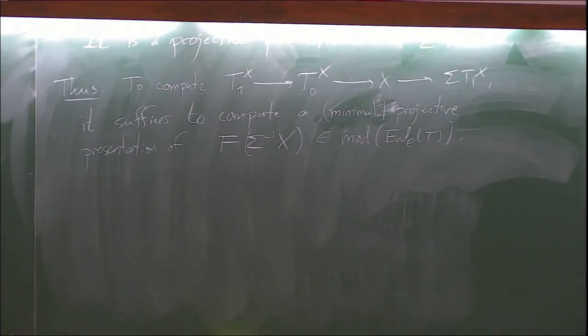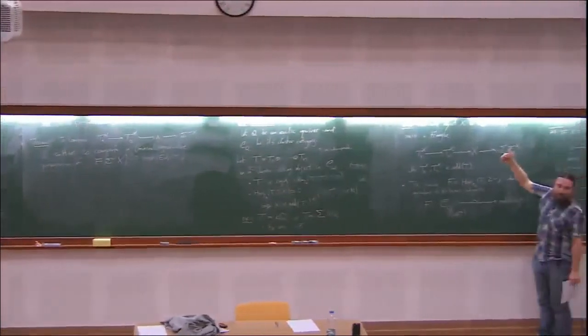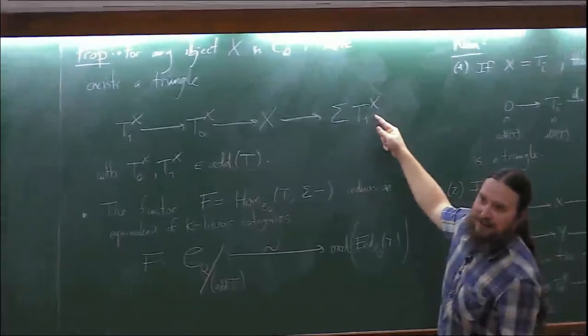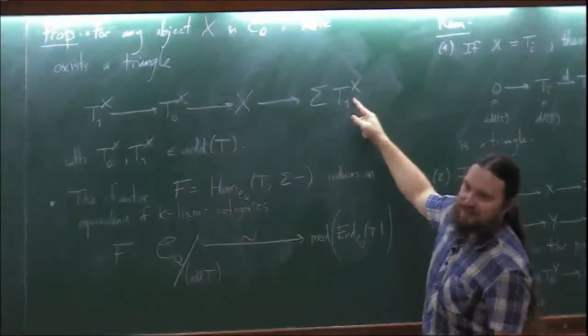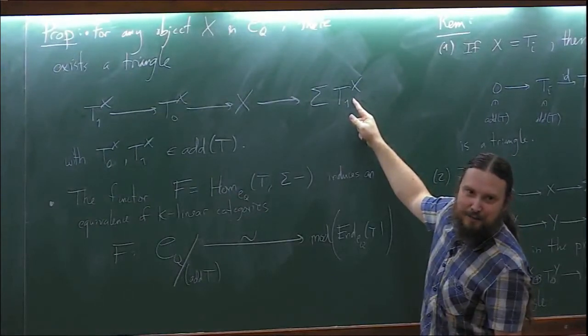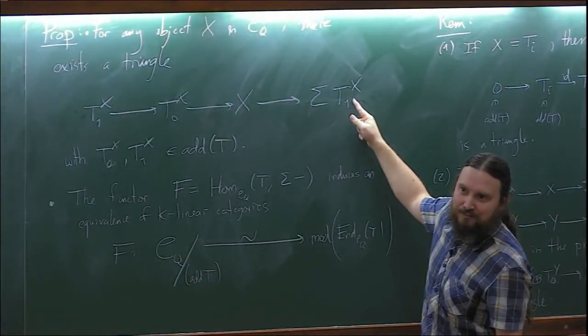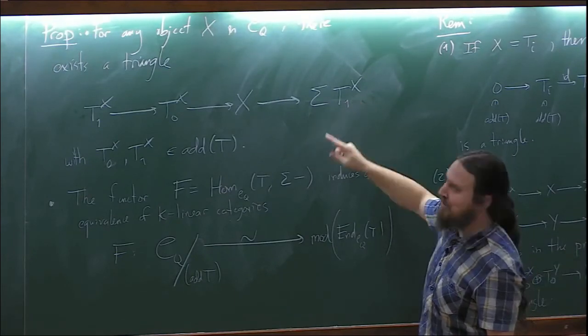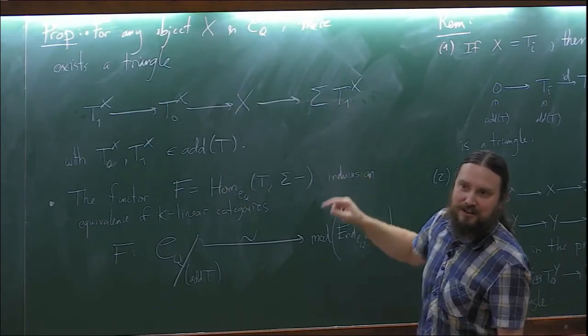If you have a cluster tilting object, then you can find such a triangle, let's say a presentation of any object X by add T. That's the first important thing. And the second important thing: if you apply F, this sequence, or rather a suspension of this triangle, becomes a projective presentation of a module. So if you know how to compute projective presentations of modules, then you know how to compute this kind of triangle.